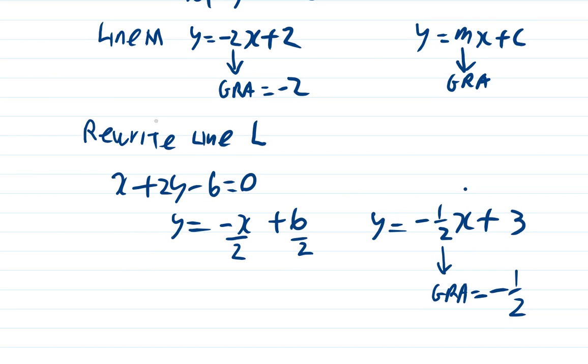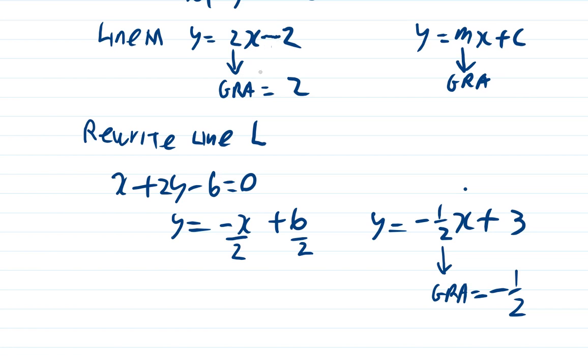So let's see what happens here. If we multiply the gradients, we should get negative 1 as the answer. Let me make the correction here too.